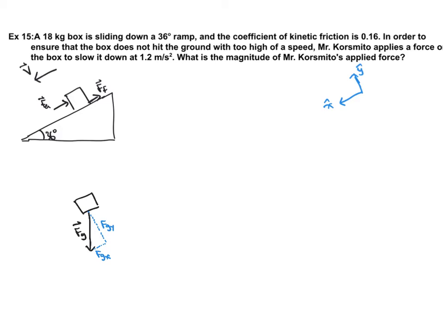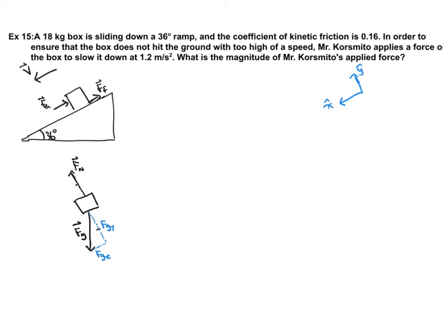And the normal force perpendicular to the ramp is going to balance out the y component of gravity. And we don't want this box flying off the ramp or digging a hole into the ramp or anything like that. So I'll use the tick mark here to show that they are equal in magnitude.